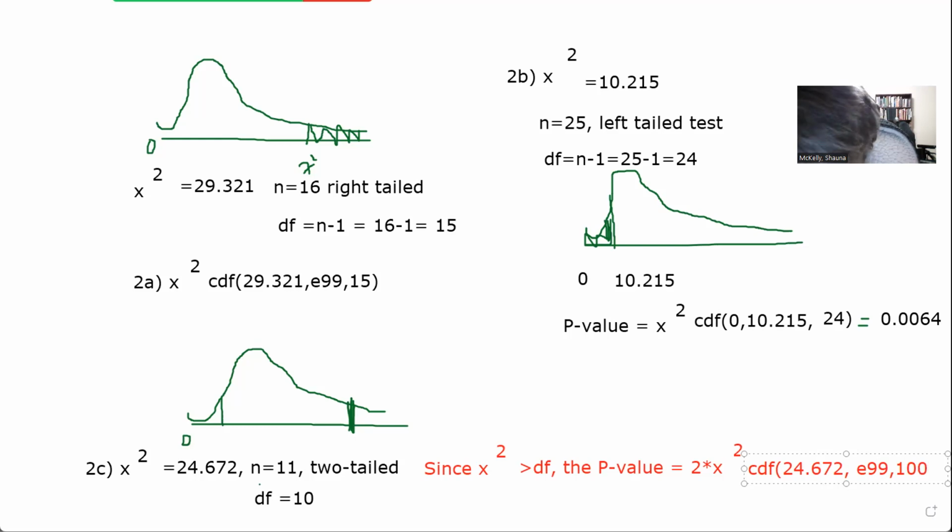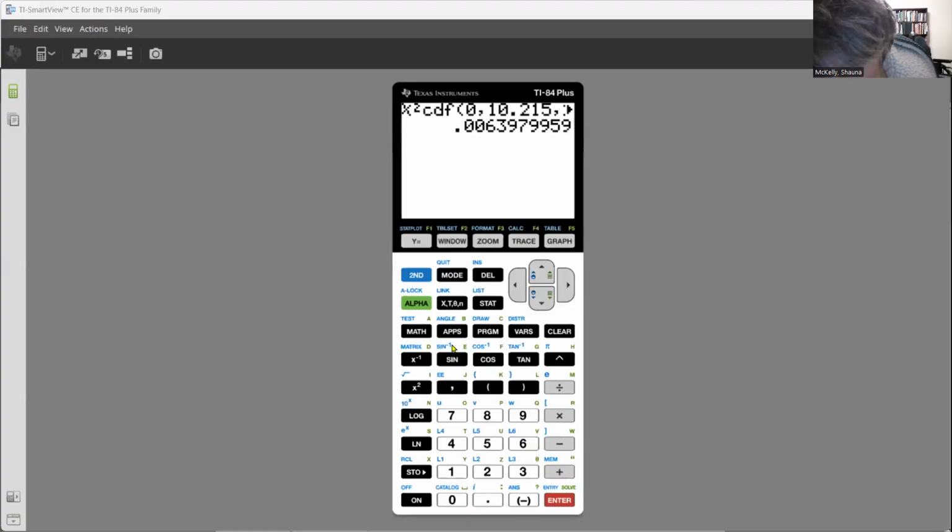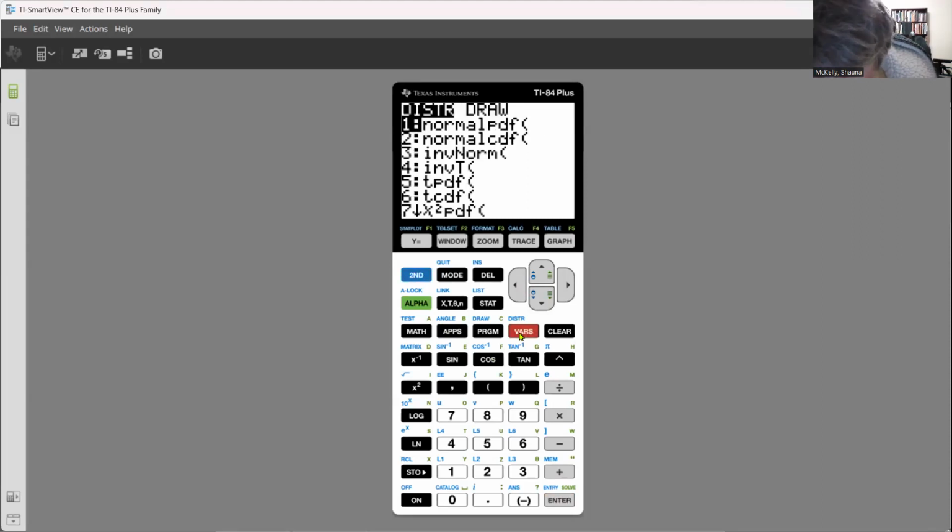So let's put that in the calculator really quickly and let's see what we end up with. I'm going to stop sharing this and say I have second distribution, chi-squared CDF.